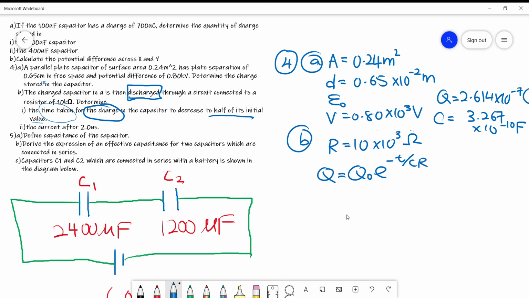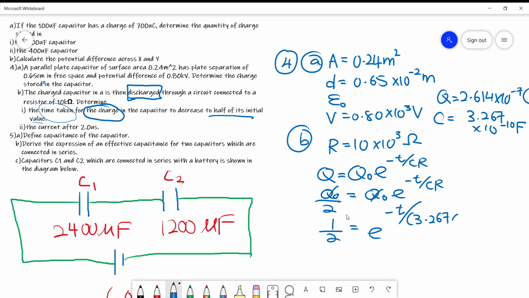The charge is reduced to half of its initial value, which means it is Q naught over 2. So Q naught over 2 equals Q naught e to the power negative t over CR. The Q naught can be cancelled, and 1 over 2 is equal to e to the power negative t over CR. The C is 3.267 times 10 to the power negative 10.